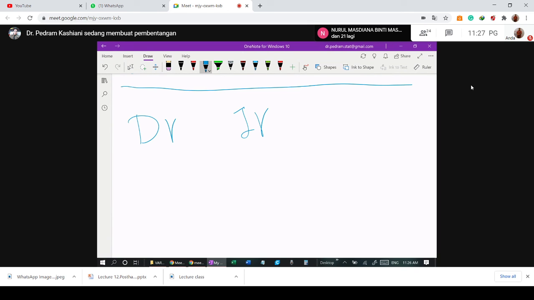I have a dependent variable and independent variable. We mentioned that dependent variable is like yield, for example. Independent variable is like time, like the treatment you use, and many other things.